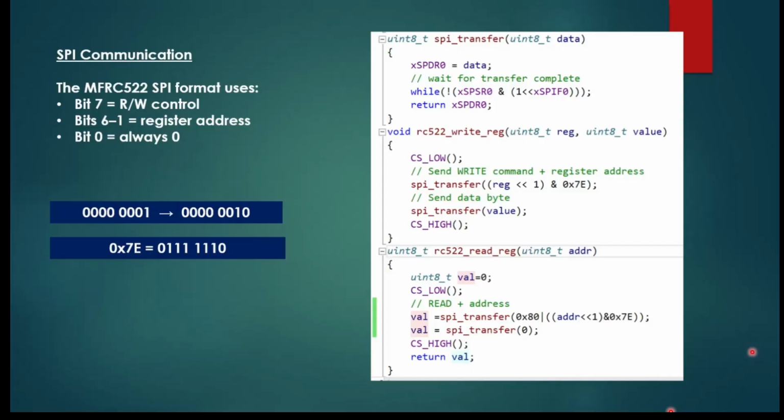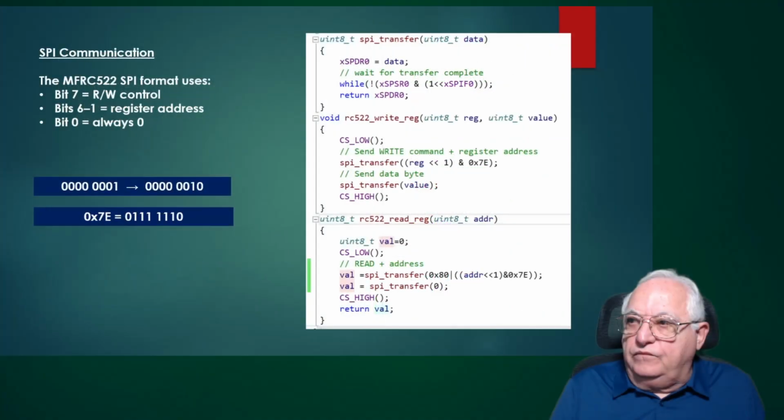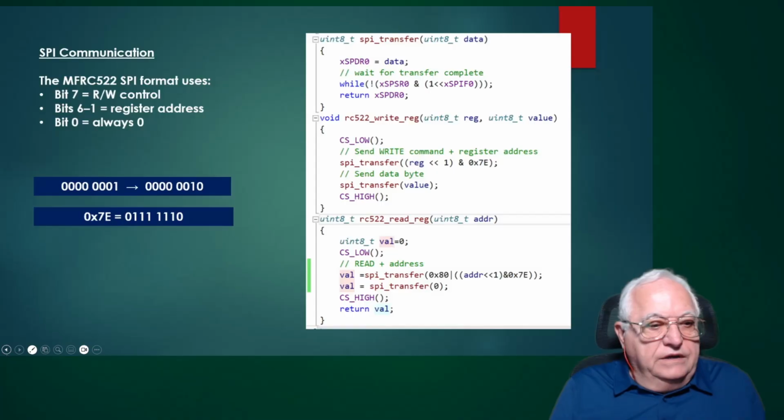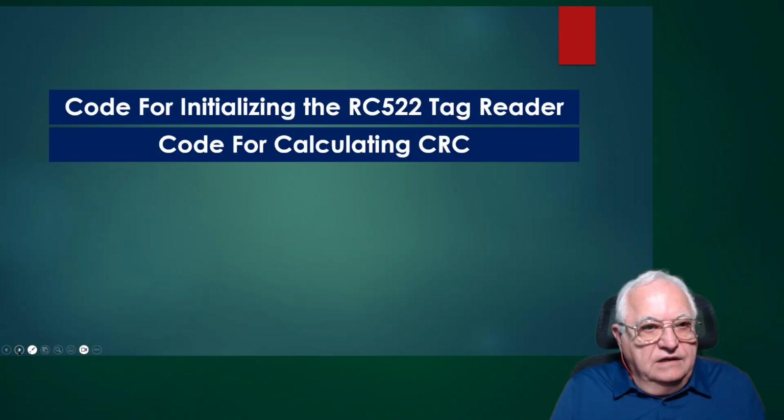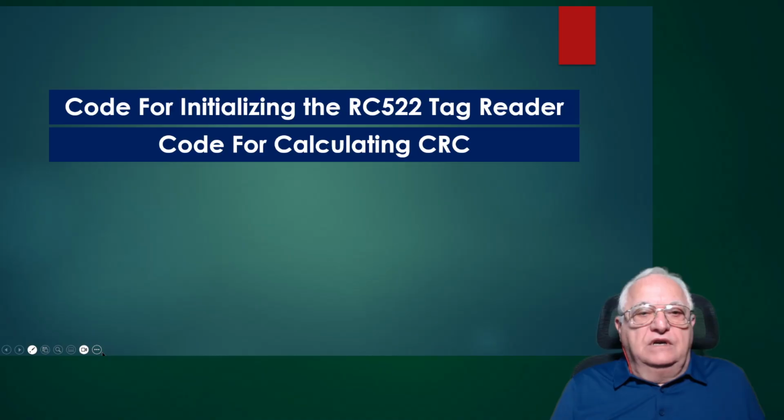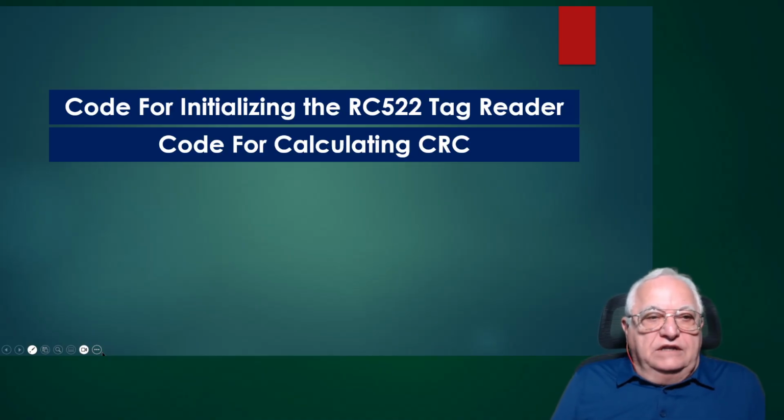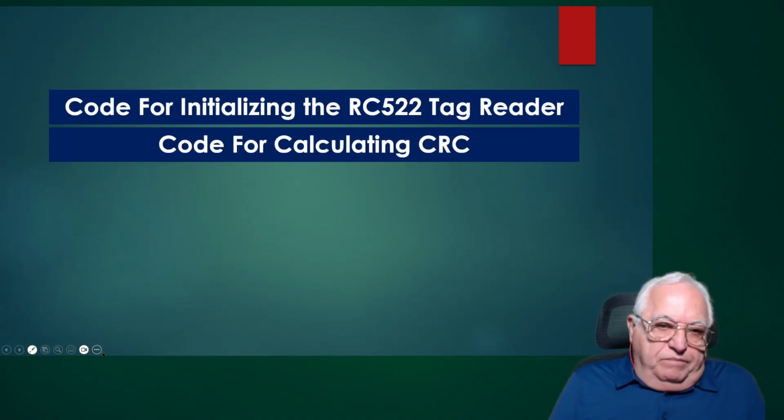So let's continue with the presentation. Next, we're going to look at the code for initializing the RC522 tag and also the code for calculating the CRC. Up front, I'm spending a little time first on those routines that are helper routines.